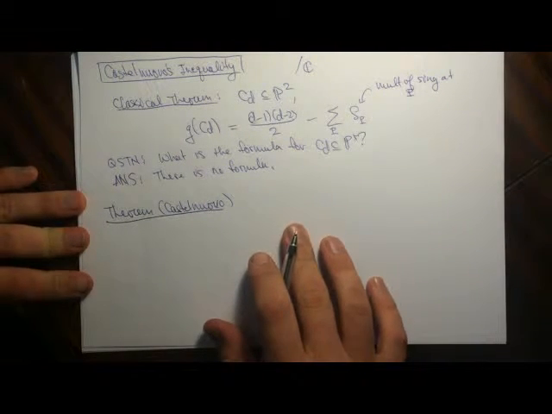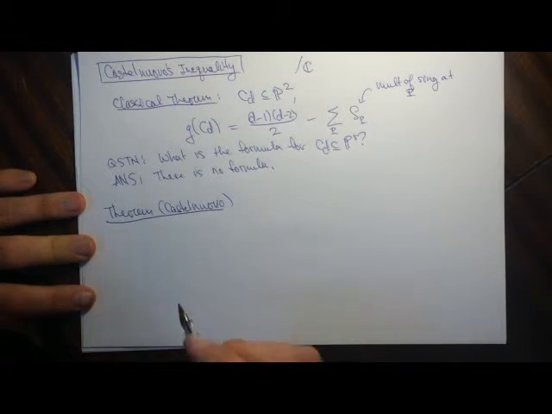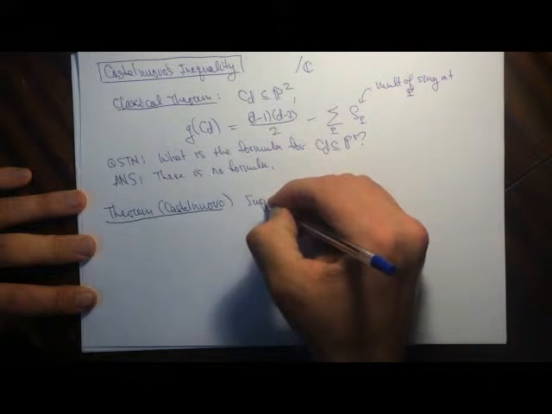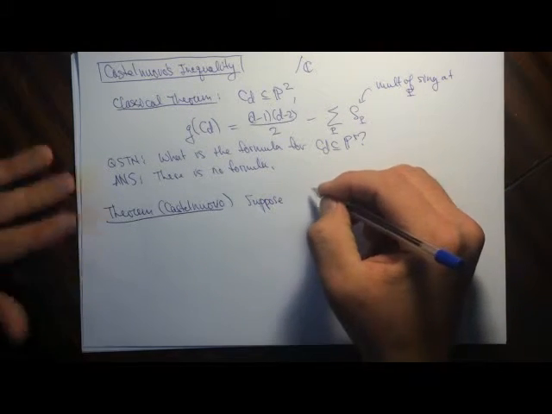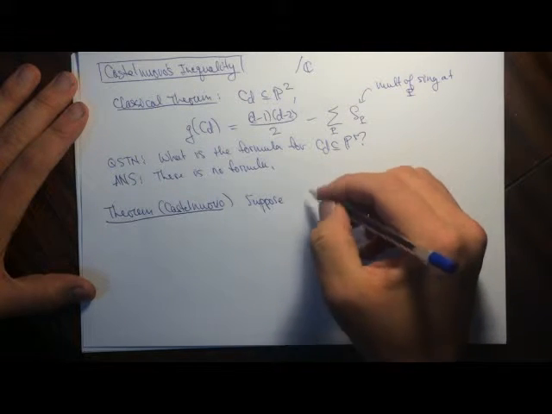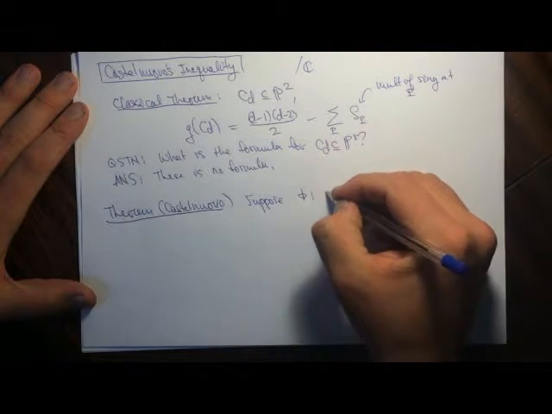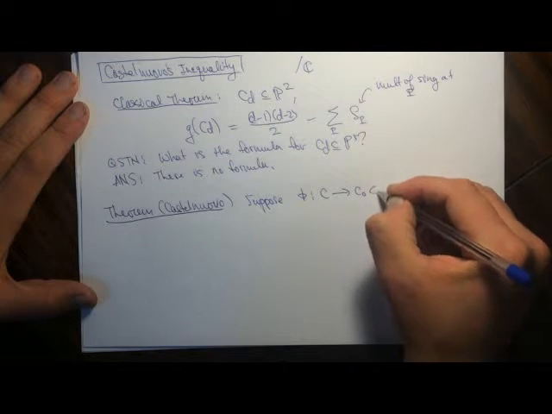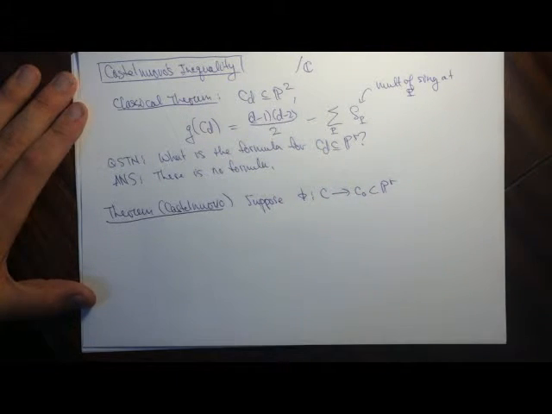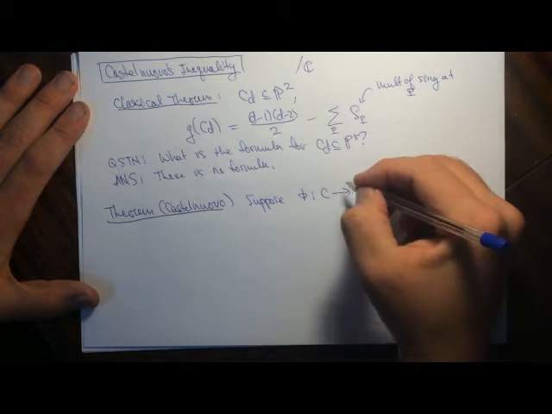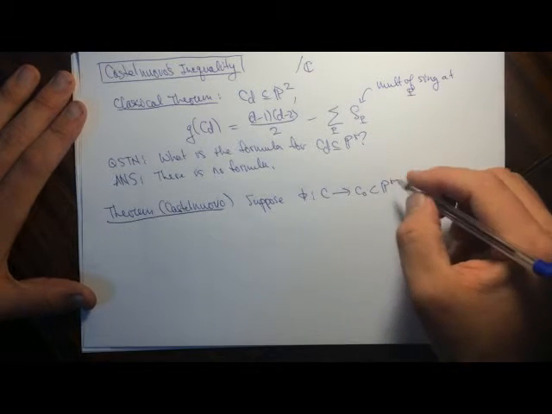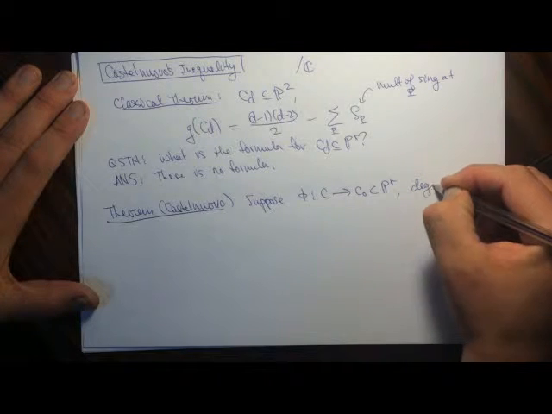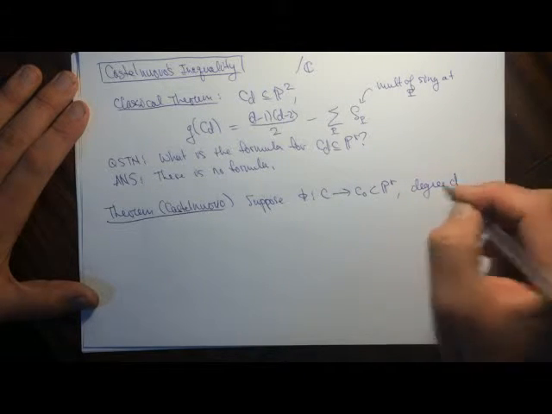says the following. Suppose we have a map from C to C0, in P of R. Let's say that this is a degree D map.